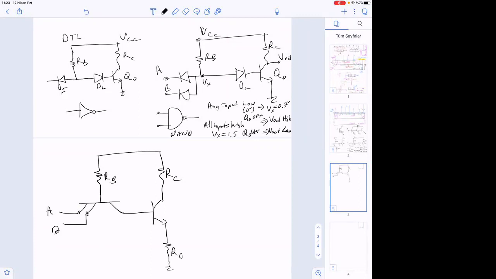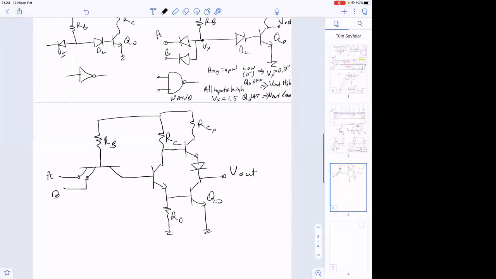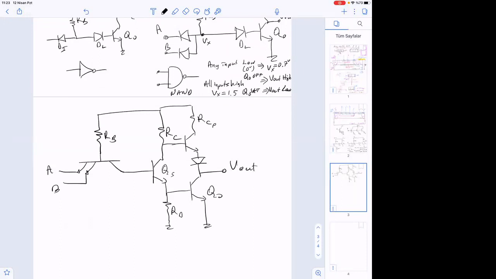This was RD maybe. This is QO. And this device goes to here. RCP. Okay, so QS and then QI.